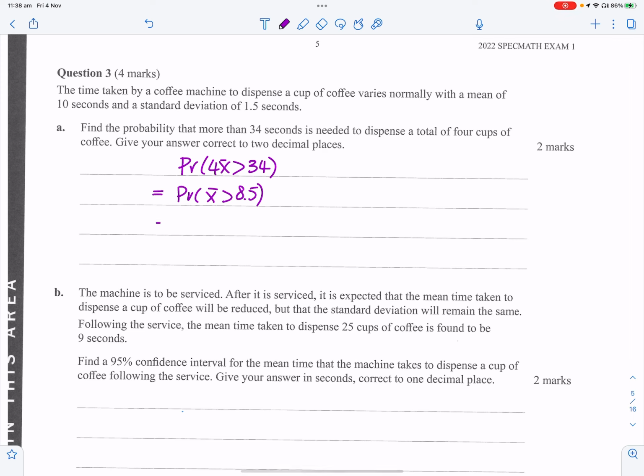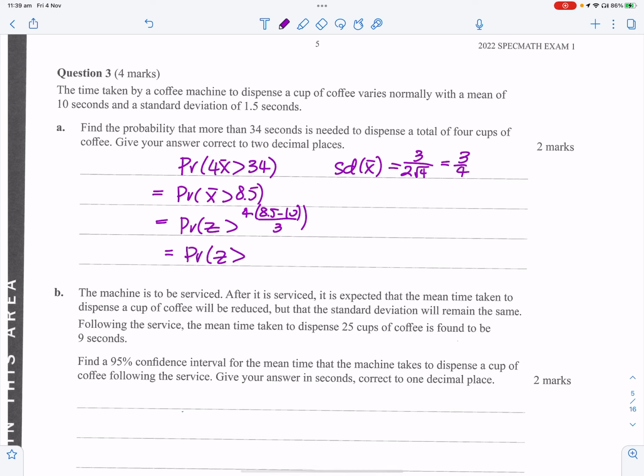We know the standard deviation of 4 cups is 1.5 divided by the square root of the sample size, which is 4. So we're going to get 3 on 4. This is the same as the probability that z is greater than (8.5 minus 10) on 3 on 4. 4 times negative 1.5 is negative 6.